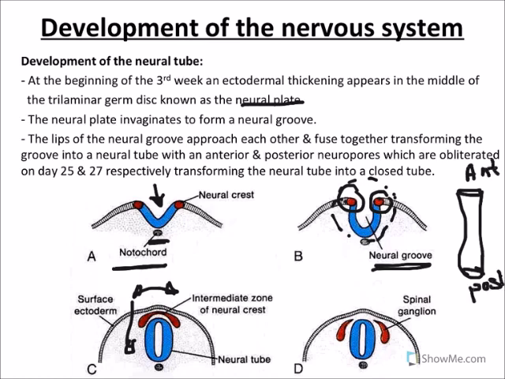These openings close at days 25 and 27 respectively, transforming the tube into a closed tube. So the anterior neuropore closes at 25, and the posterior neuropore closes at 27 days of intrauterine life.